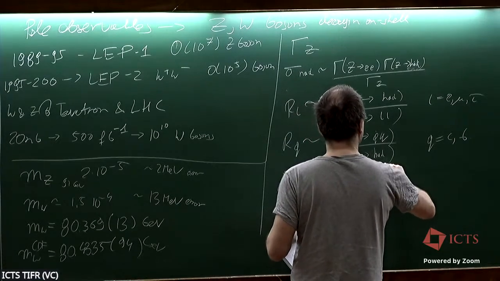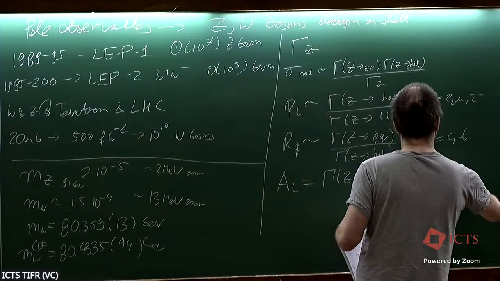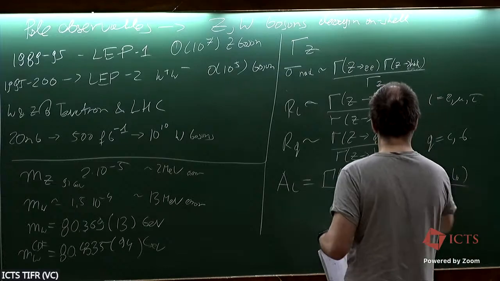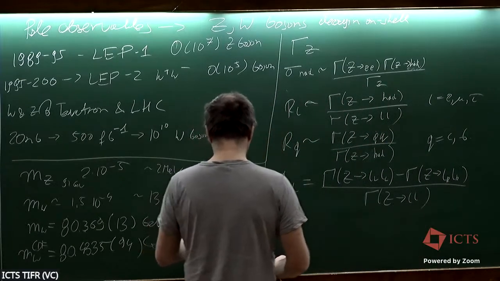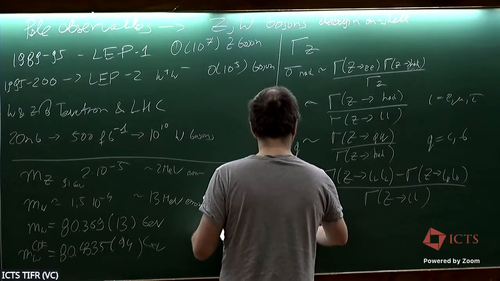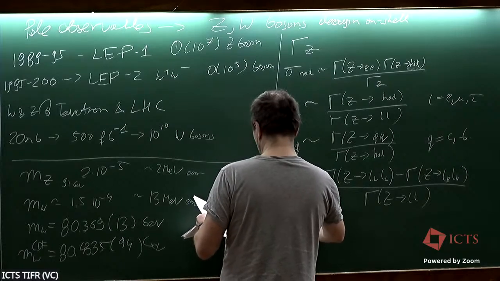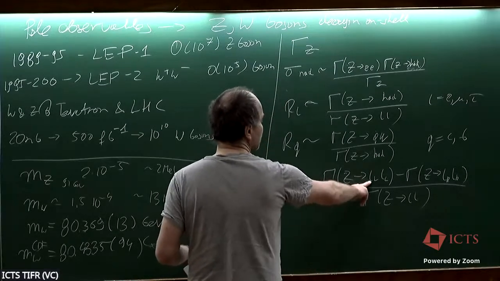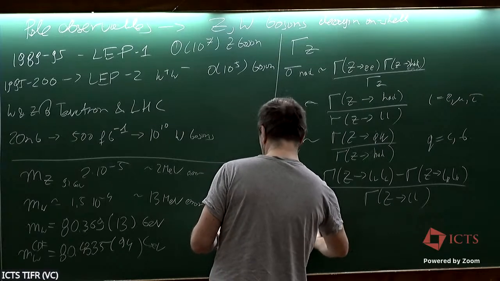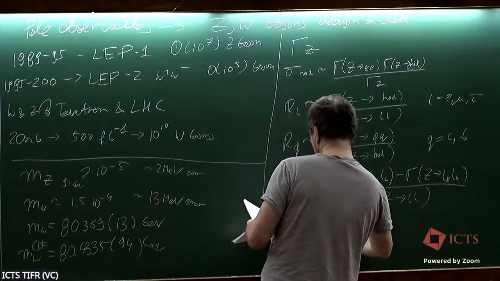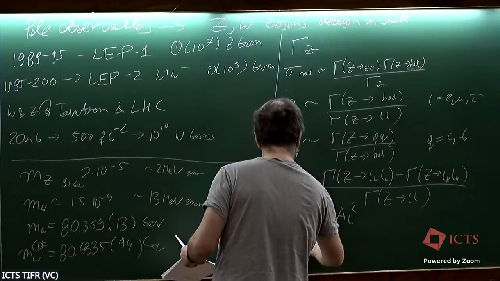Then we also have similar measurements for the forward-backward asymmetry, which is just given by 3/4 A_e A_l, and then there is a forward-backward asymmetry for heavy quarks again.